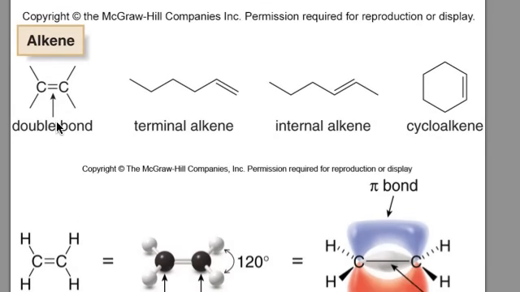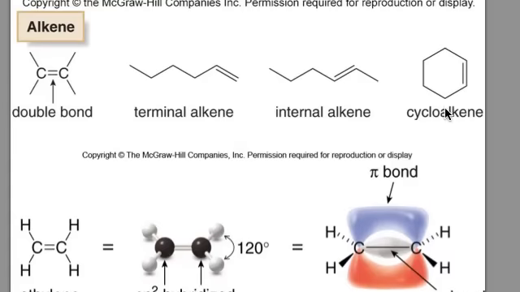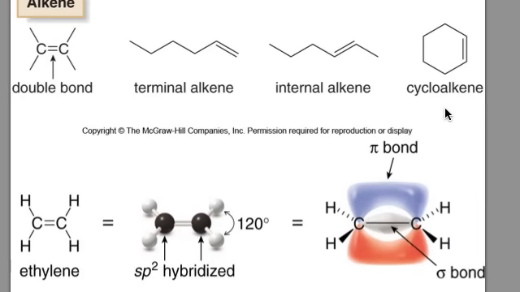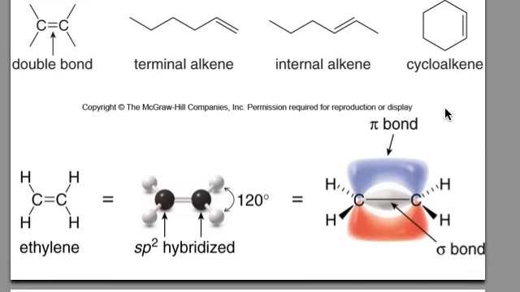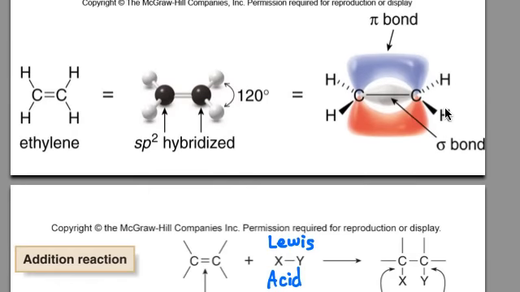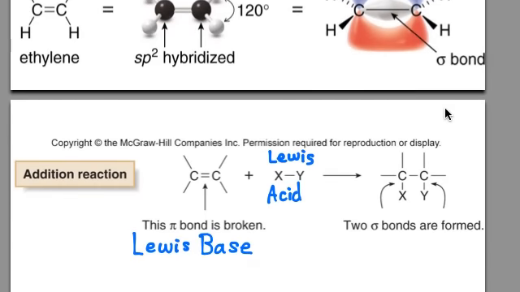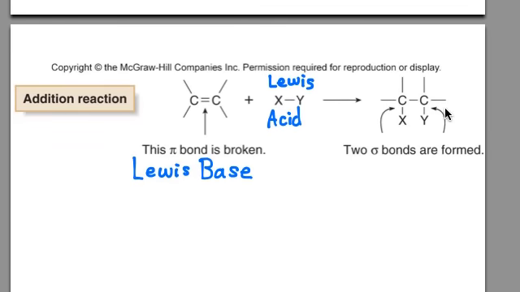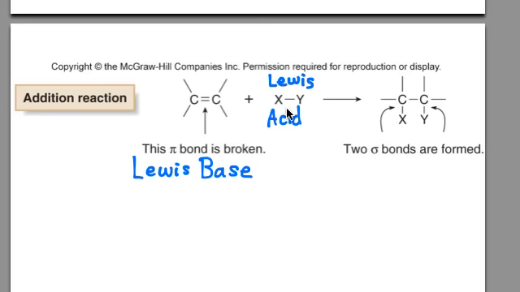Again, a double bond or triple bond can function as a bit of a Lewis base, often looking for some regions of positivity. Let's see, double bond, Lewis base. This XY could be something that's electronegative.